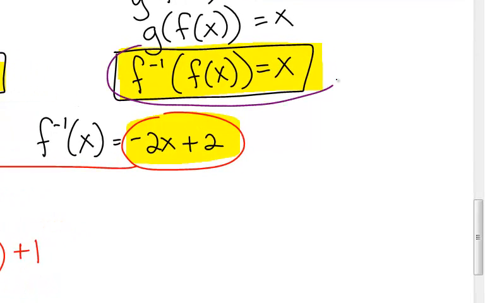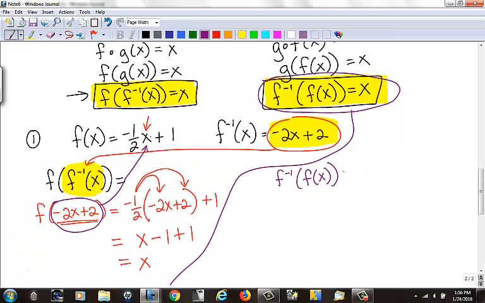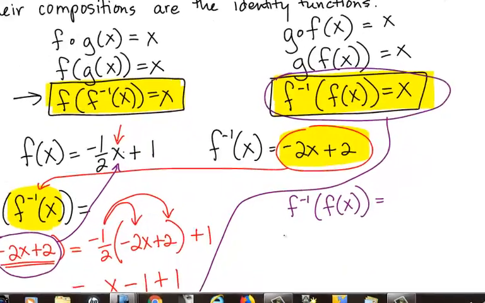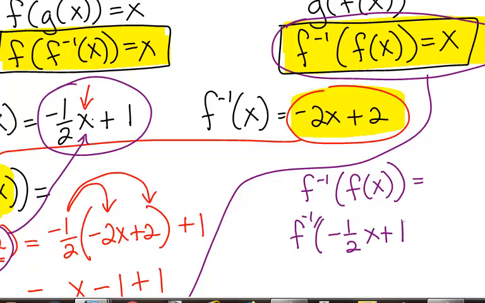Now I'm going to do f inverse of f of x. You have to do that composition and prove that it brings you back to x. What's my f of x function? Negative 1/2 x plus 1. For f of x, I put this in.